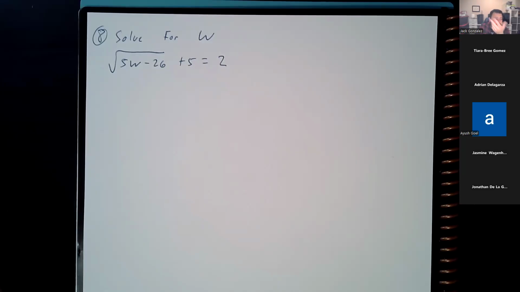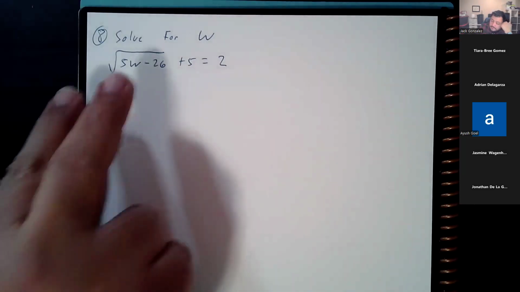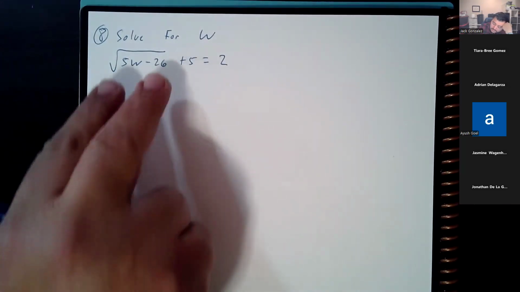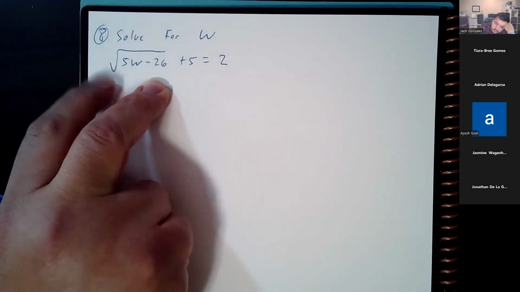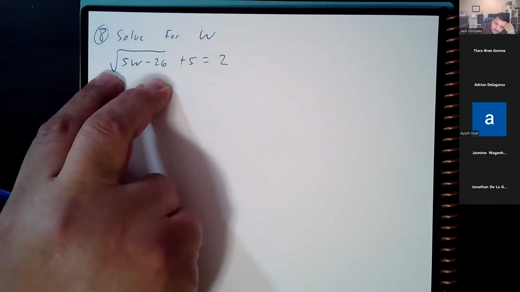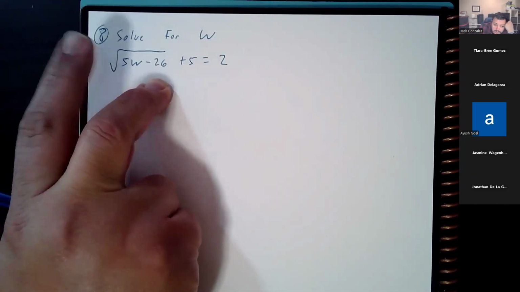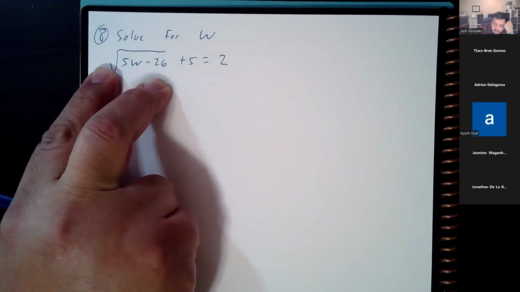Okay, so step 1 said isolate the radical. So the one with the root, get it by itself. Once it's by itself, you raise both sides to whatever root this is. So if it's root 2, square root, and square both sides. If it was a cube root, cube both sides.